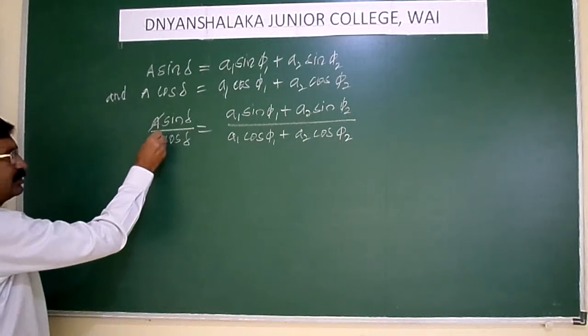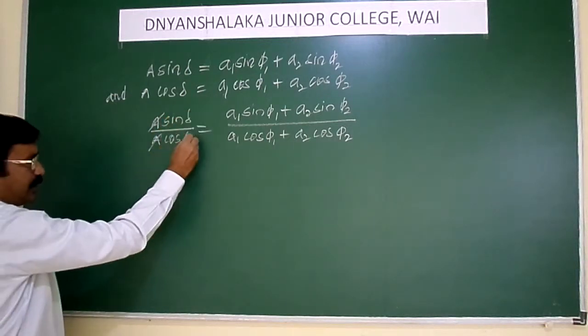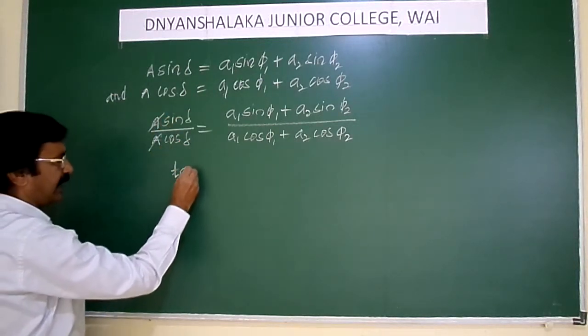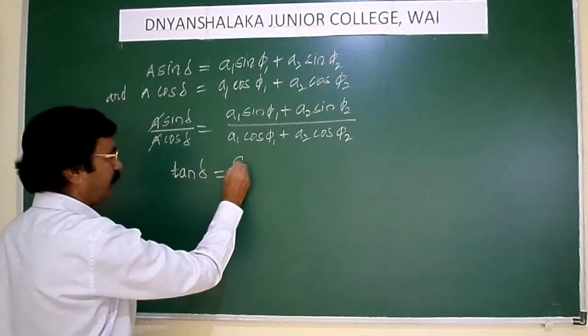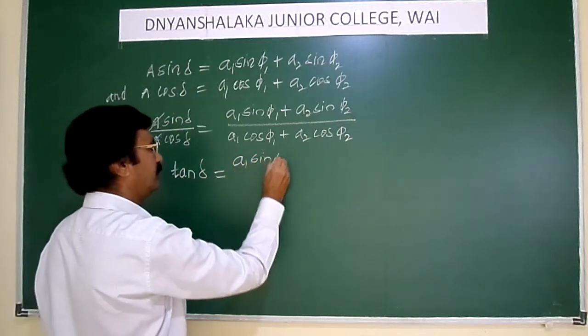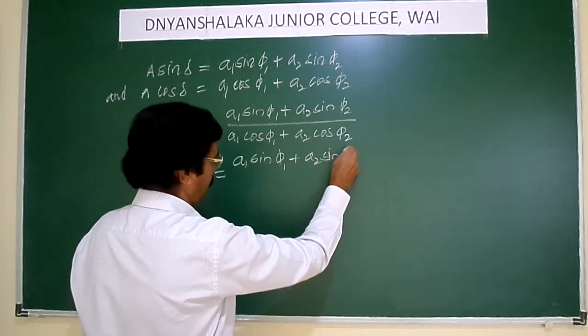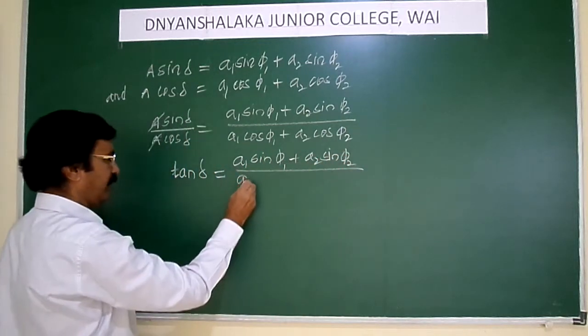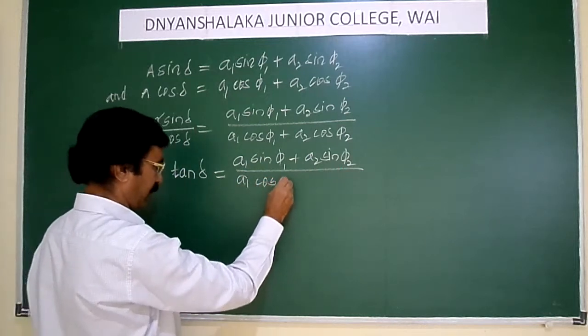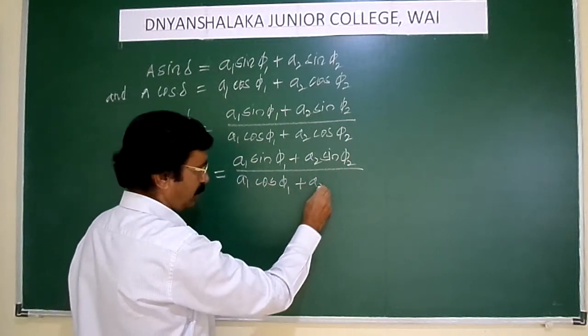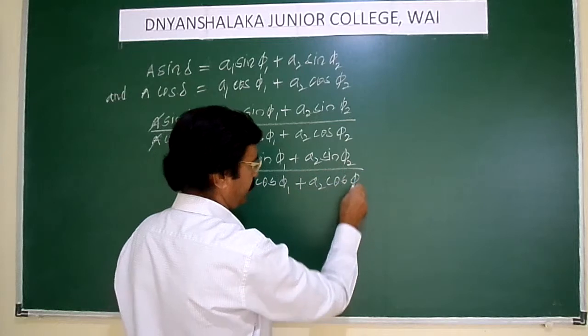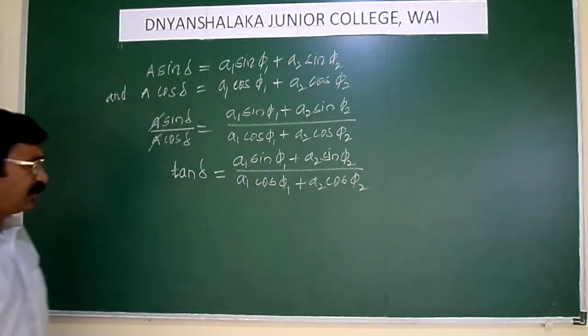So A cancels with A, sin delta upon cos delta will be tan delta. So this is A1 sin of phi 1 plus A2 sin of phi 2 upon A1 cos of phi 1 plus A2 cos of phi 2.